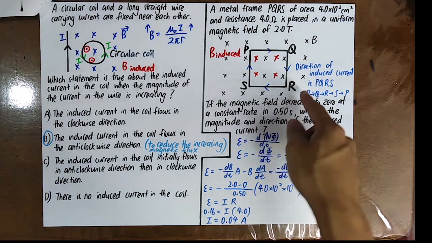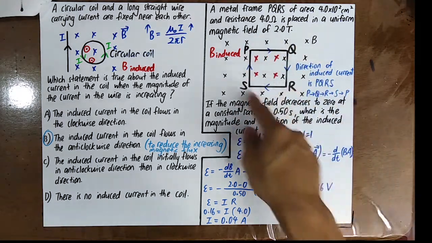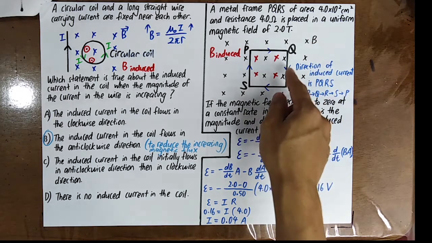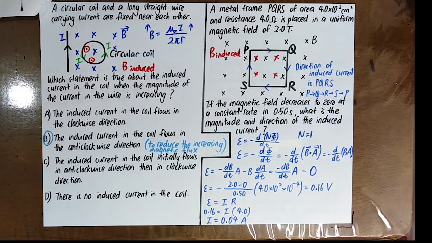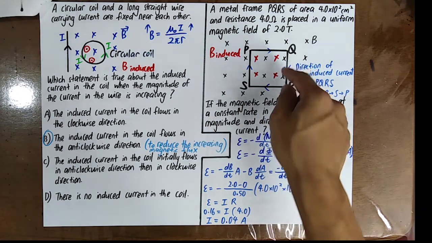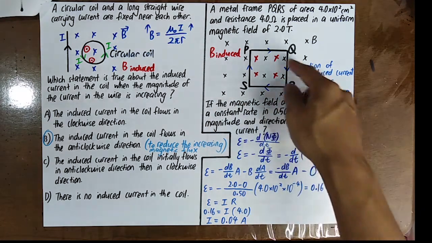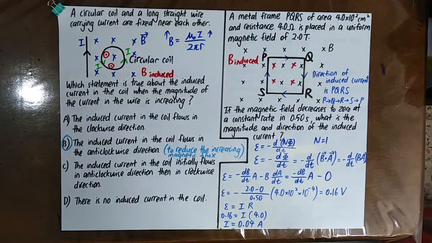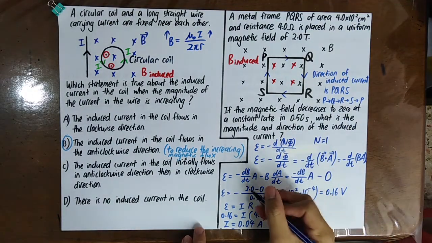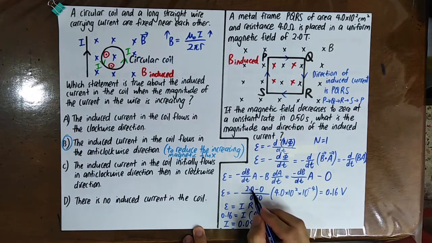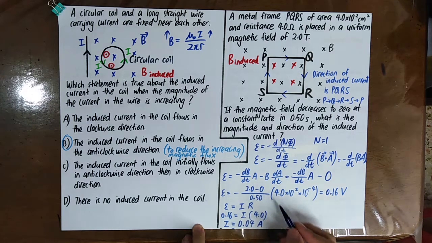Okay, so you know that the induced current is in this way to reduce the decreasing magnetic flux, which means the direction of the induced magnetic field must be in the same direction as the external magnetic field. But actually I think I wrote this wrongly. I should write 0 minus 2, okay? I should write negative, 0 minus 2 over 0.5.